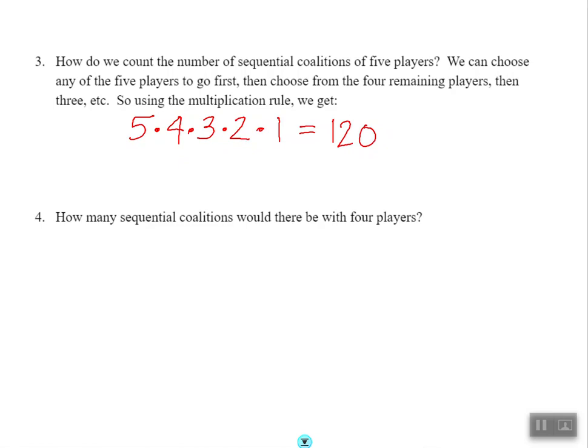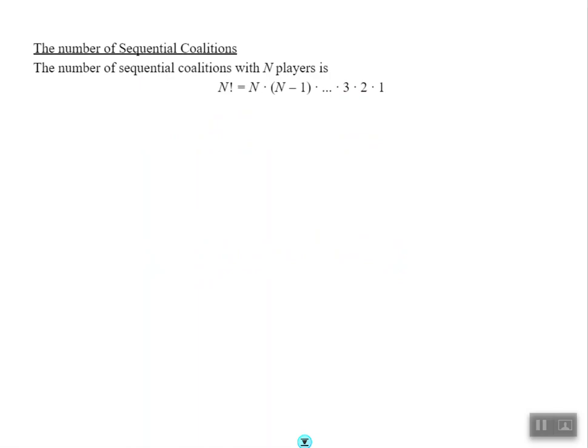So how many sequential coalitions would there be for 4 players? Well, you could do 4 times 3 times 2 times 1, which is the same as 4 factorial, which is 24. So, when you are trying to find the number of sequential coalitions for n players, all you do is n factorial.